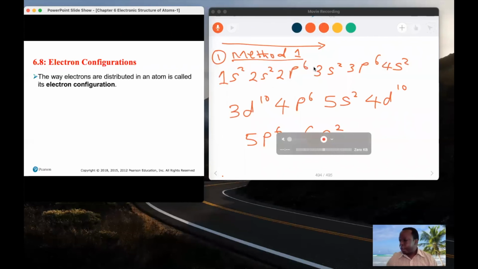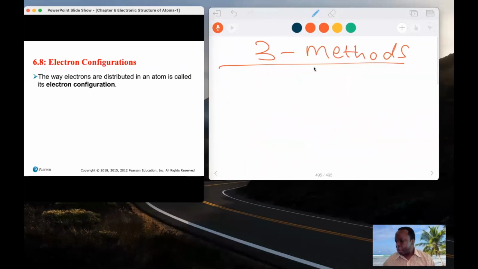You reconcile the superscript numbers with the atomic number on the periodic table of a particular element. For example, if I want to write electron configuration for hydrogen, which is number 1, it is just 1s1. I don't write 2 because it is atomic number 1. But for helium, it will be 1s2. I need 2 electrons.